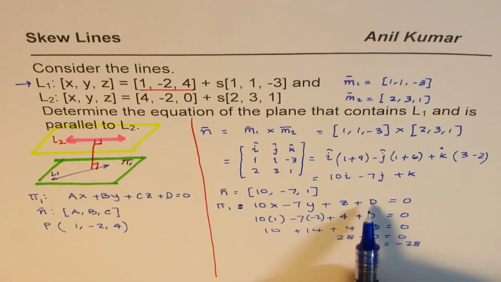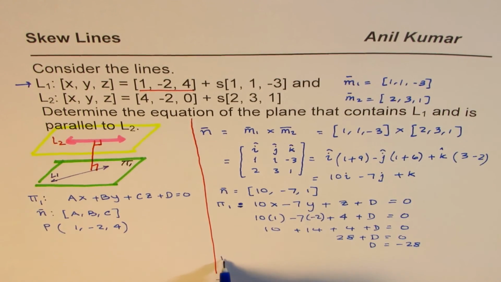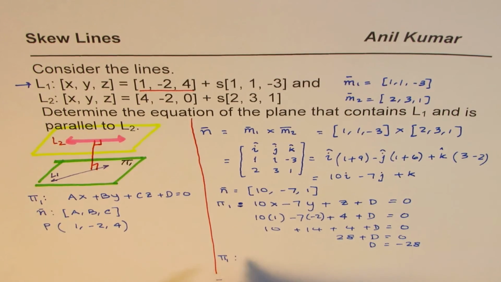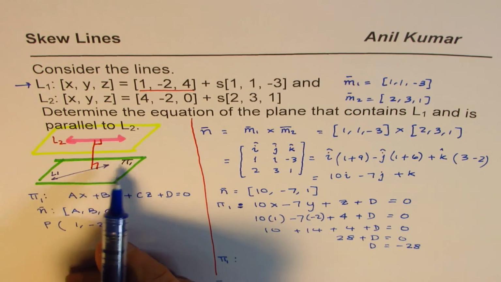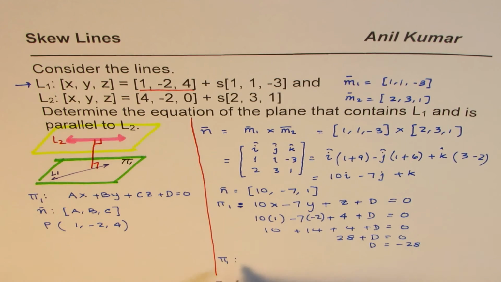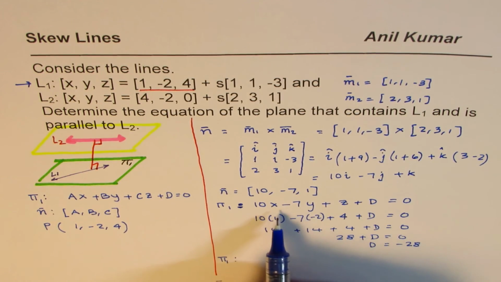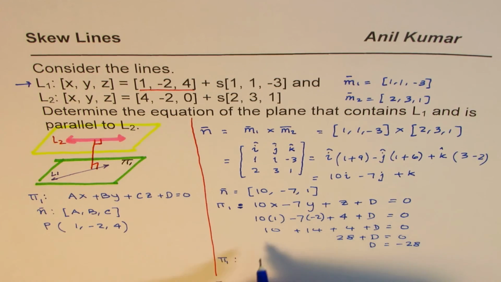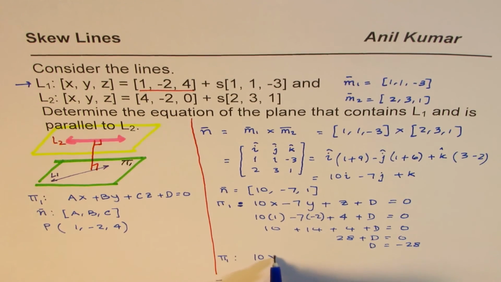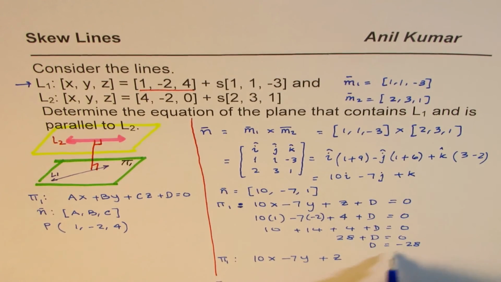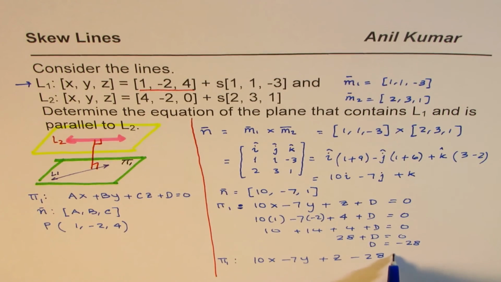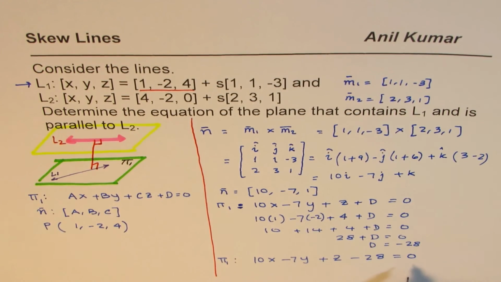So once you get the value of d, you can write down the equation of the plane. The plane which contains the line and which is parallel to the other line is, we'll substitute the value of d here, 10x - 7y + z - 28 = 0, right? So that is the equation.